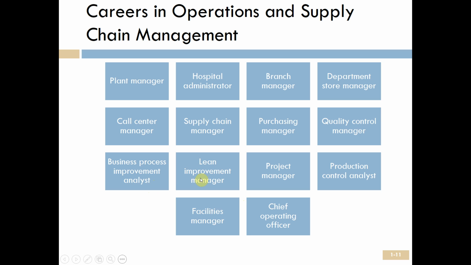Lean manufacturing or lean management is identifying wasteful practices and eliminating those. You can manage projects. A project is something that has a definite beginning and ending, and a good project manager finishes on time and finishes within budget. So we'll talk about what that means in the class, as well as giving you tools to know if you're on time or on budget.